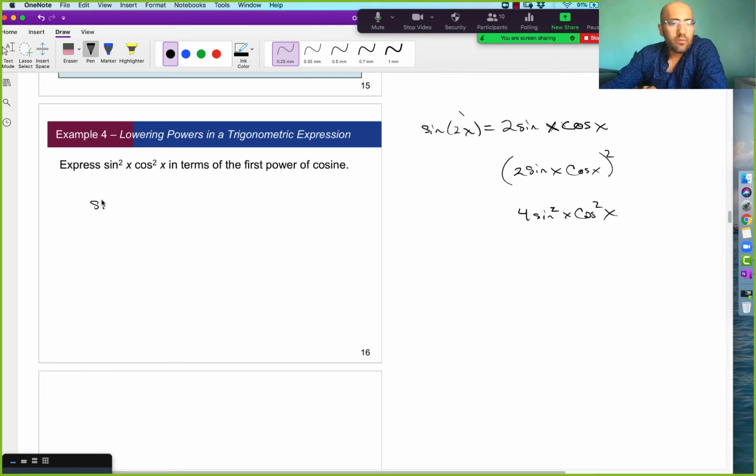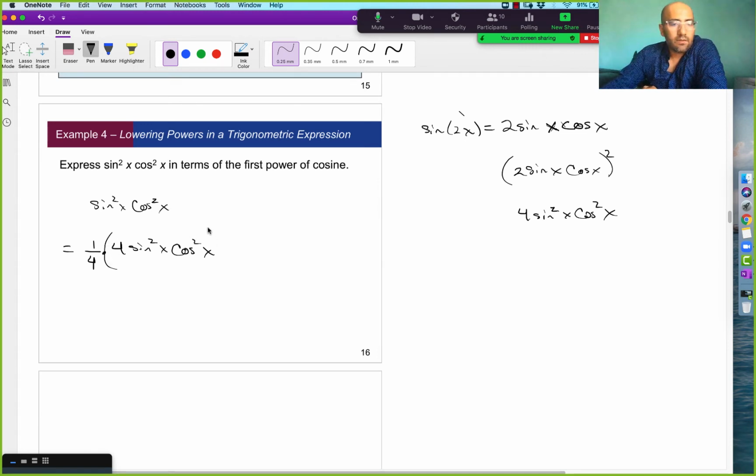So I'm going to do this. Sine squared x cosine squared x. I'm going to throw in that 4: 4 sine squared x cosine squared x. And now it looks exactly like that, except I can't just go around throwing in a 4, so I'll have to throw in a 1/4 in front of it.